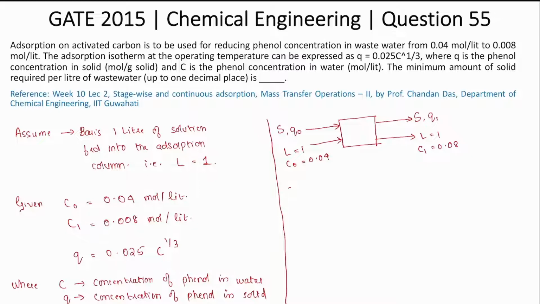Q0 is the initial concentration of phenol in the activated carbon, and it comes out as Q1, which is the final concentration of phenol in the activated carbon. Then L represents our wastewater flow rate, and L is equal to 1 liter, and the initial concentration of phenol in the wastewater is 0.04, and the final concentration of phenol C1 is 0.008.